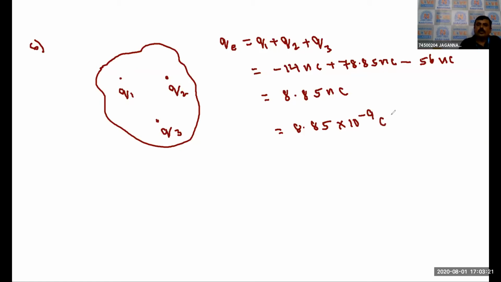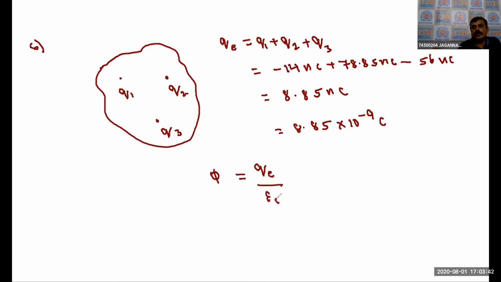Okay, so now we want to find the flux with the total charge we calculated. According to Gauss law, flux equals total charge enclosed divided by epsilon naught.